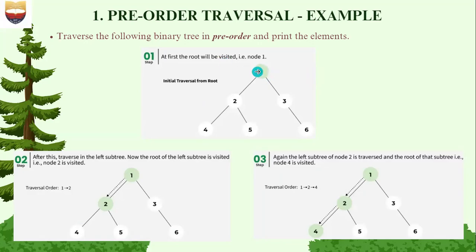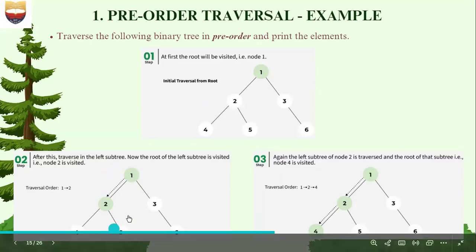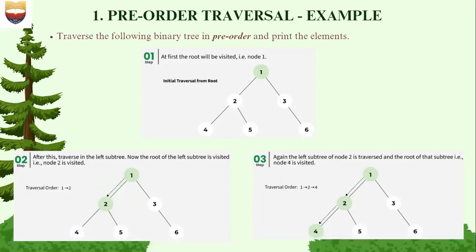Now the root node is visited. Come to the second step. Once we have completed visiting the root node, next we have to move on to the left subtree of the root node. And the left subtree is nothing but this particular portion, 2, 4, 5, right? So if we have come to the left subtree of the root node, again we have to focus on the three steps to be followed. What is given in the first step? Visiting the root node.